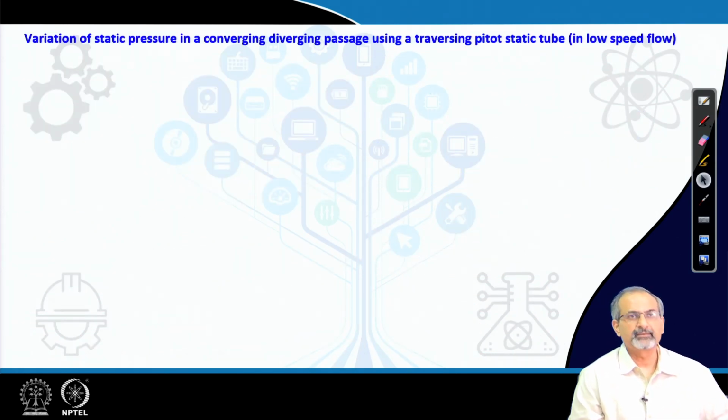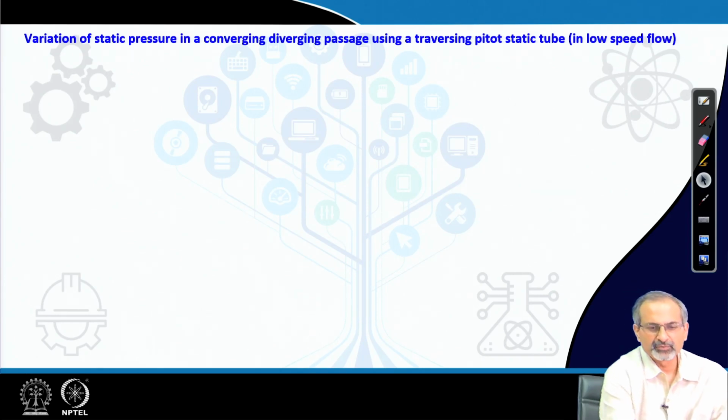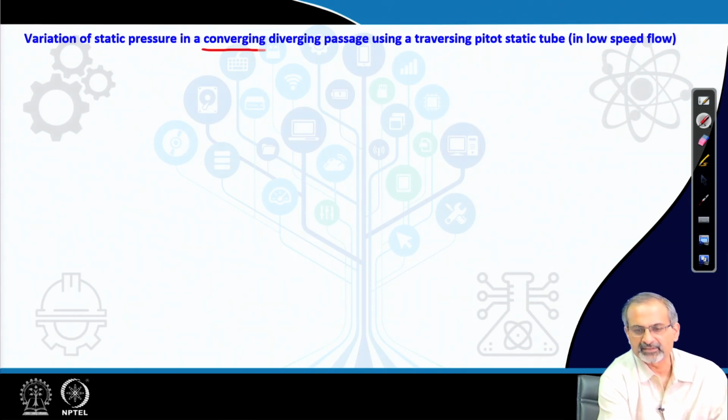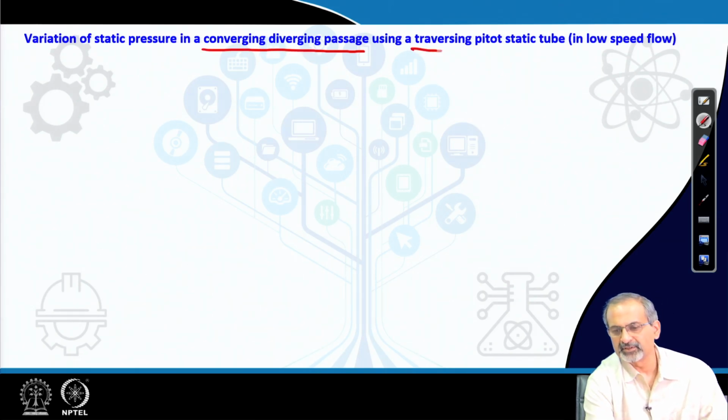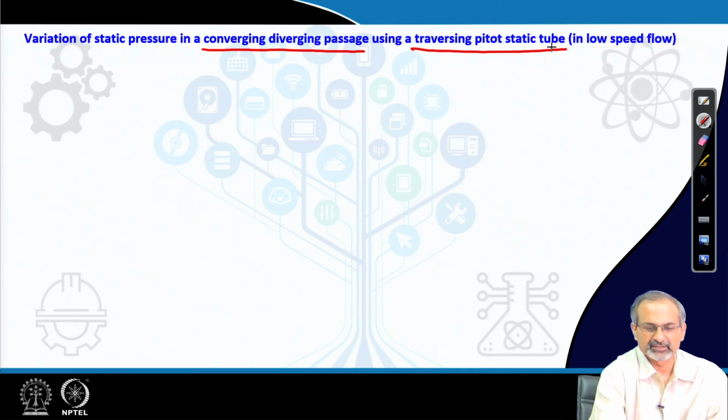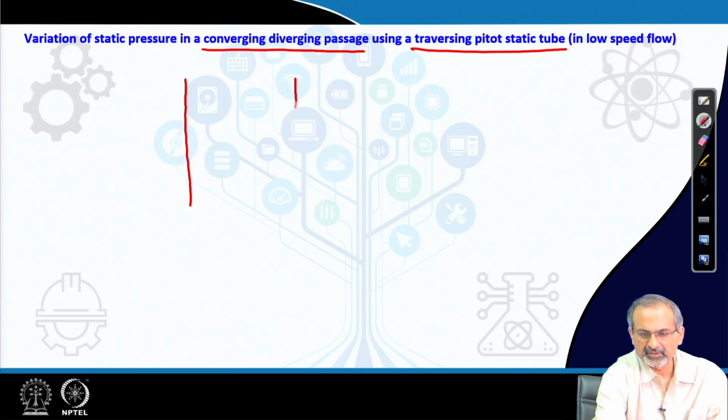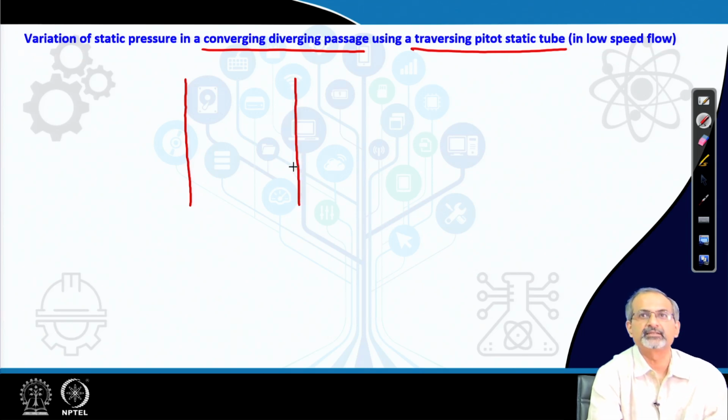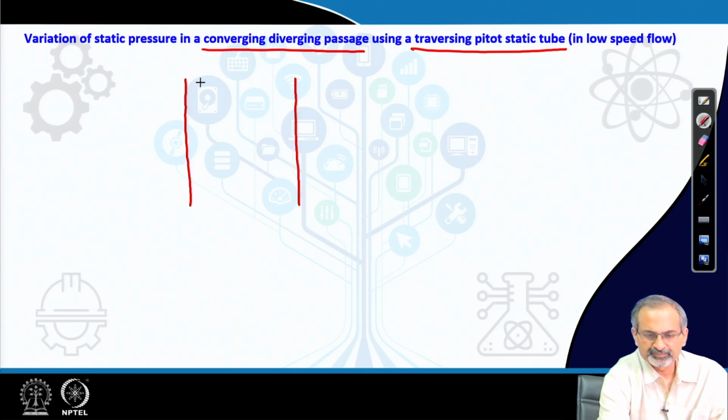Now, let us look at a situation where we insert this kind of probe inside a converging-diverging passage and we traverse the pitot-static tube through such a section. Let us say you have a vertically oriented test section of a wind tunnel and you have liners placed inside the test section.